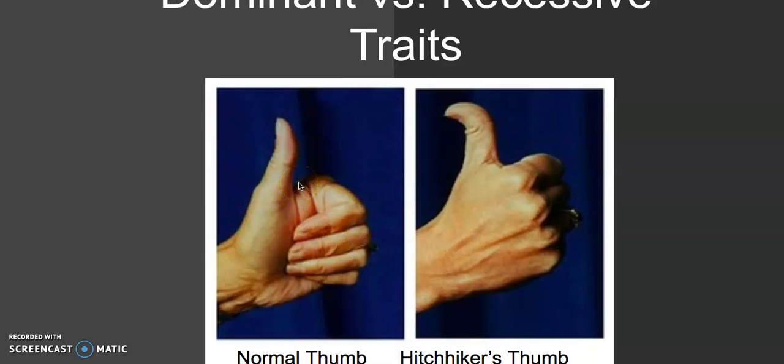It's also important to remember that disease states can be either dominant or recessive. We can talk about that in a little bit. We're also assuming right now that all of the traits and diseases we're talking about are autosomal, that is, they are not connected to sex.